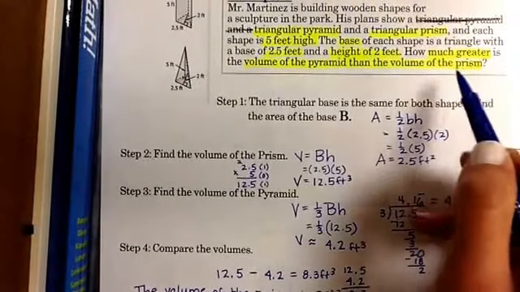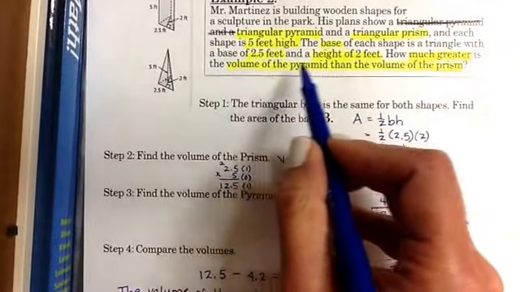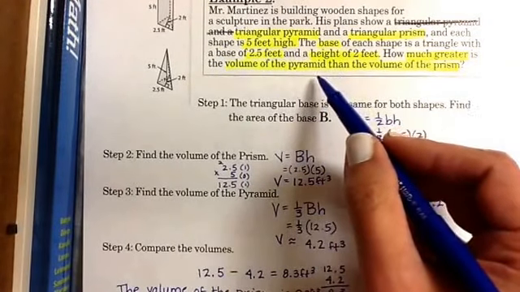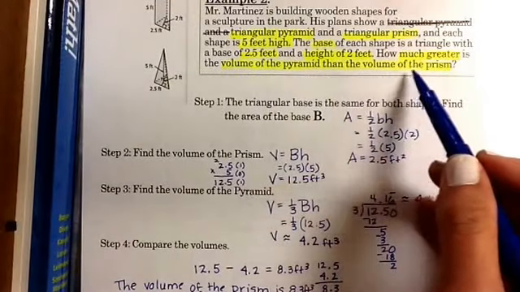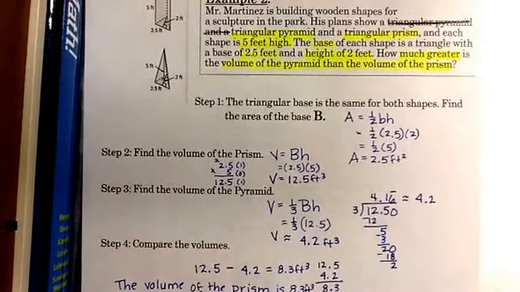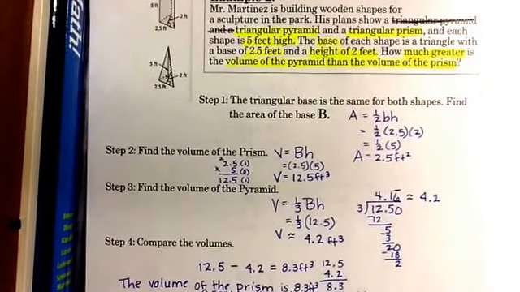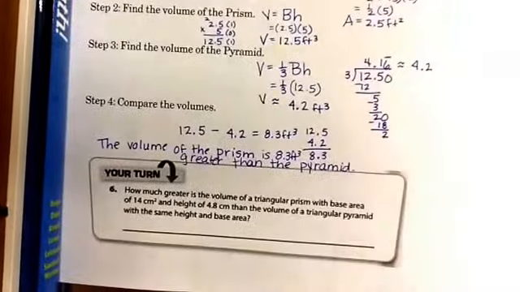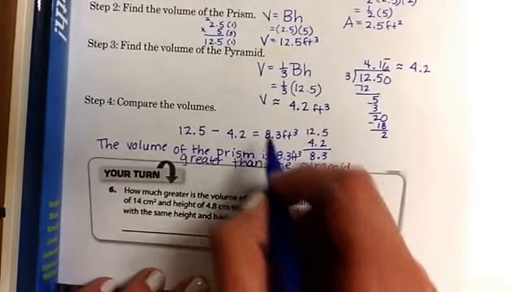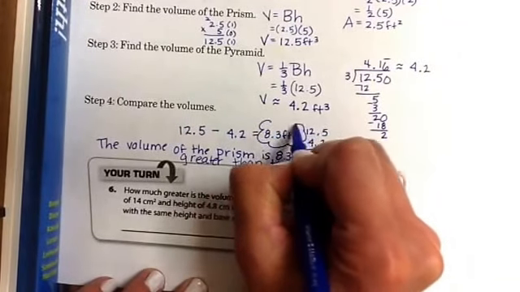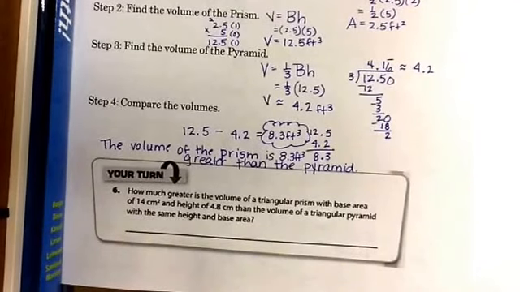So yeah, I think this should say how much greater is the volume of the pyramid than the volume of the prism. Well, actually the prism has the greater volume. So yeah, that was confusing for me. So anyways, that's your answer, is 8.3 feet cubed, and it's the prism that has the greater volume.